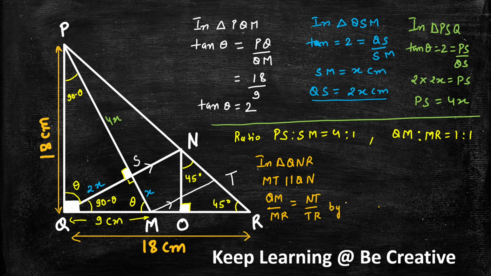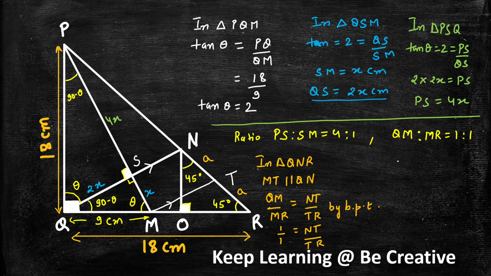Now since QM to MR is 1:1, 1/1 is equal to NT upon TR. So from here NT will be equal to TR. So if I assume this TR length as A, this comes out to be also A unit.